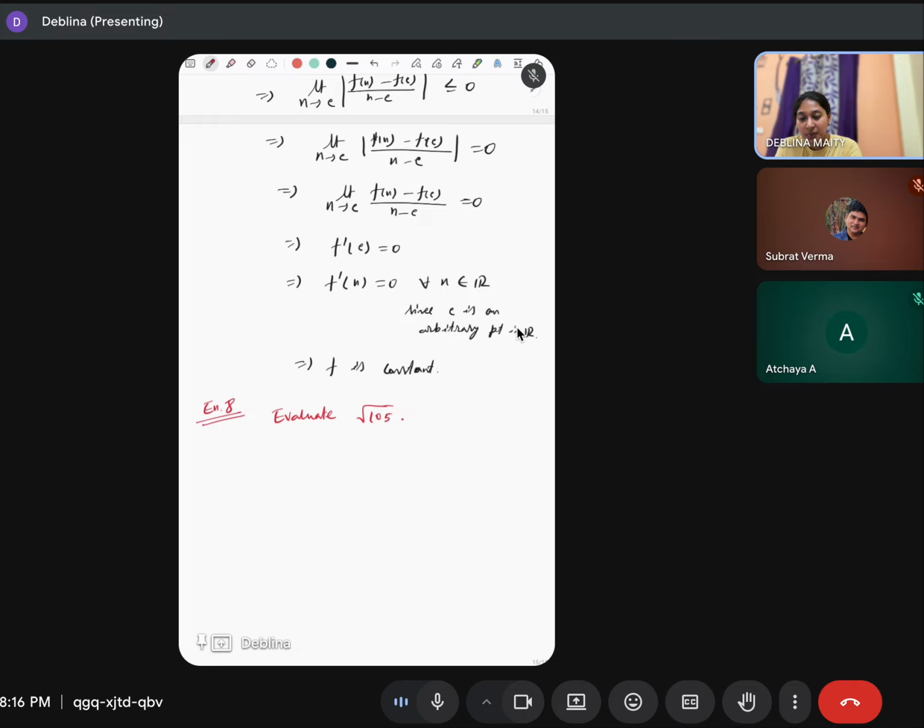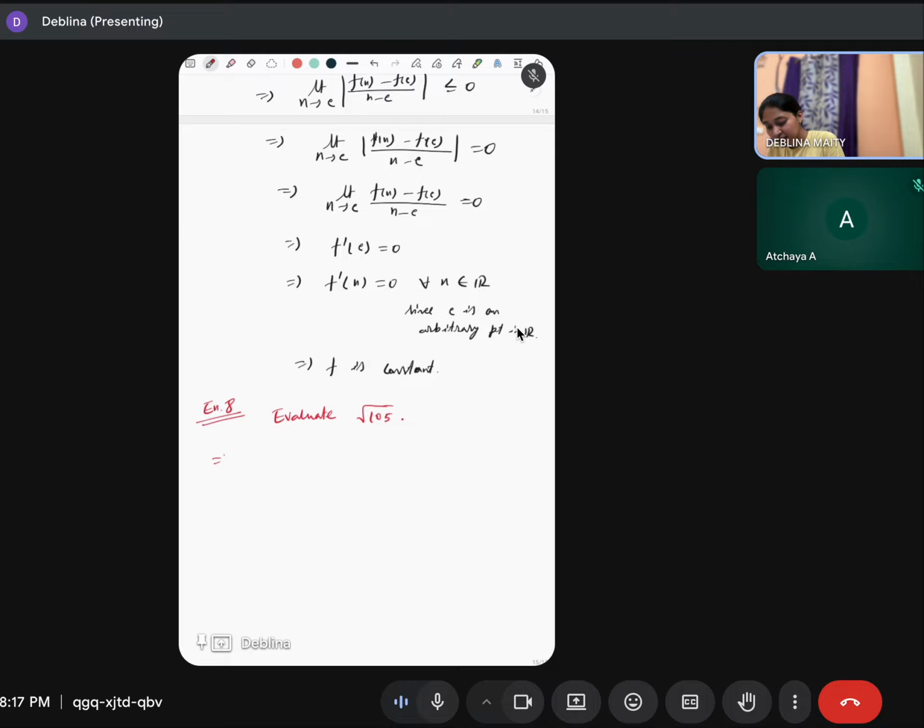Now we'll approximate it by rational numbers. So we'll give a range, an interval, where this number belongs. So we'll use the Lagrange mean value theorem to find the approximate value of this root 105, right?